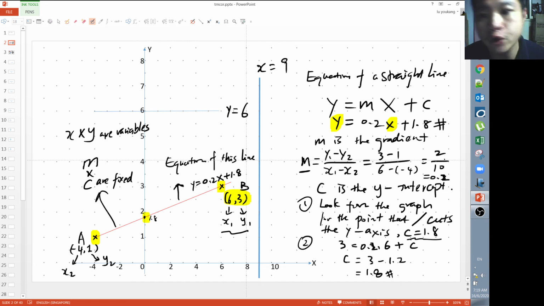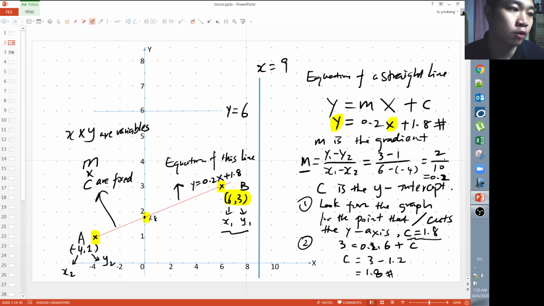So there is no point in finding out the value of y and x when it comes to the equation of a straight line. Therefore you have y is equal to 0.2x plus 1.8. Both the gradient m, 0.2, and c, plus 1.8, are fixed, while your x and y keep changing along the line.